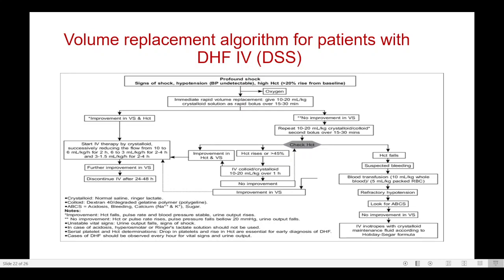If there is no improvement in vital signs, then a second bolus is given, and check hematocrit. If there is improvement, then gradually reduce and withdraw. And if it still continues to fall, then you suspect bleeding and give blood or packed RBC volume as the situation arises, and also test for sodium, potassium, calcium, sugar level, frank bleeding, and acidosis, and manage accordingly.